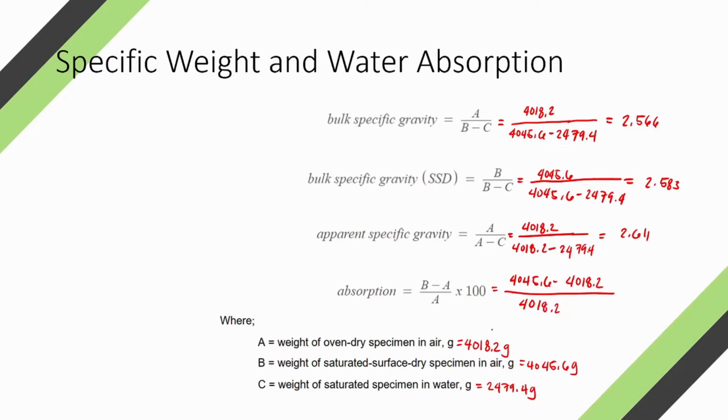And then yung absorption natin is in percentages, so times 100%. So this one will be equal to 0.7%. So 1 decimal is yung percentage natin. So yan yung ating test for the specific weight and water absorption of coarse aggregates.